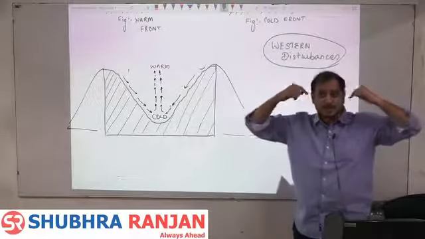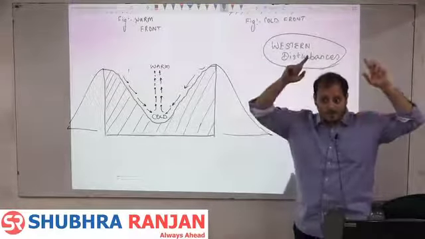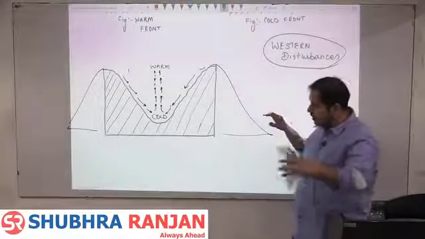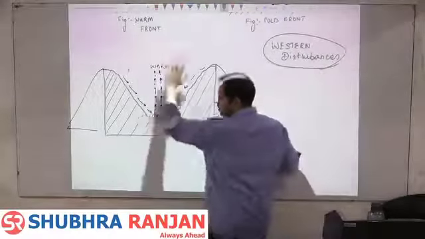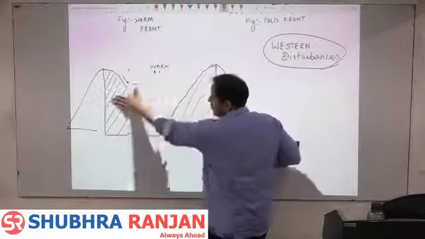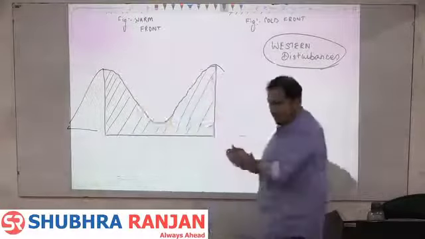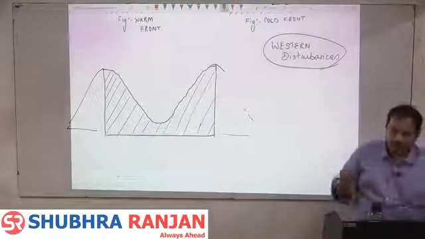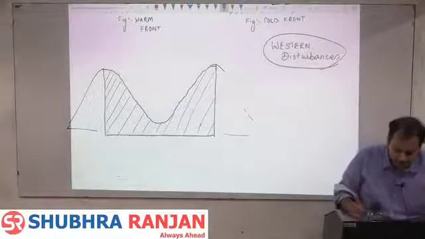When it comes down, it pushes the warm air upwards. So warm air goes upwards, cold air collects in the valley, and we call this valley inversion.